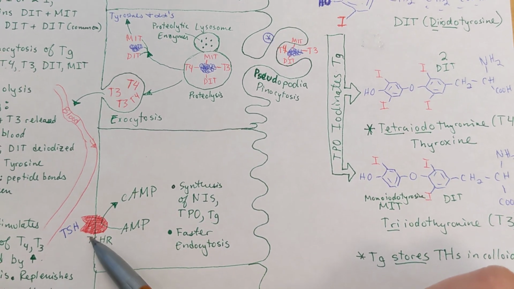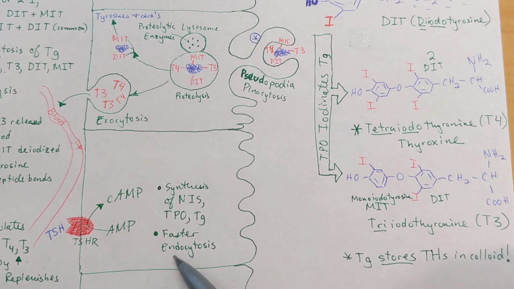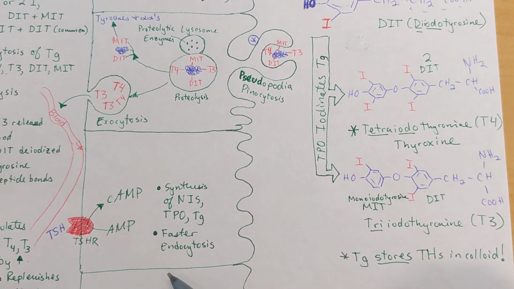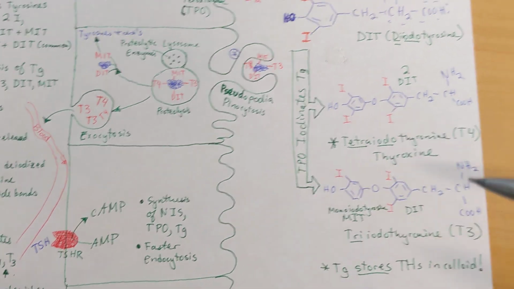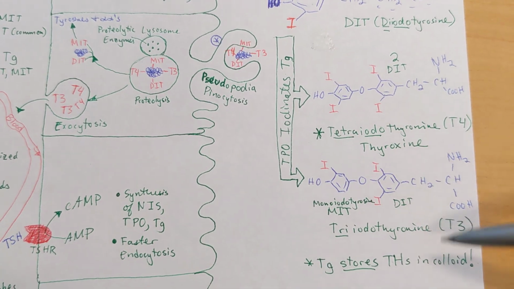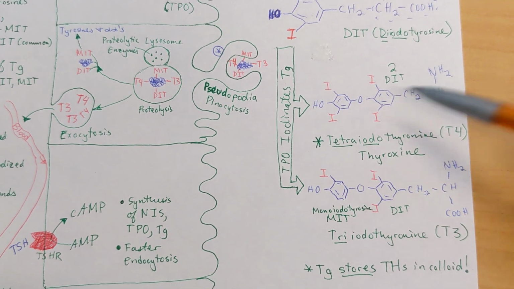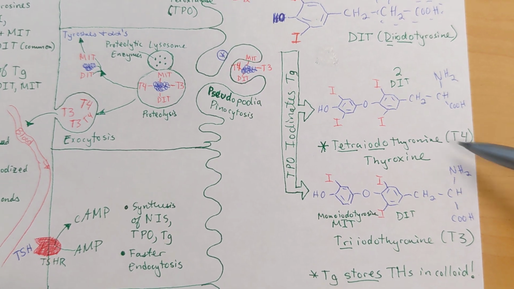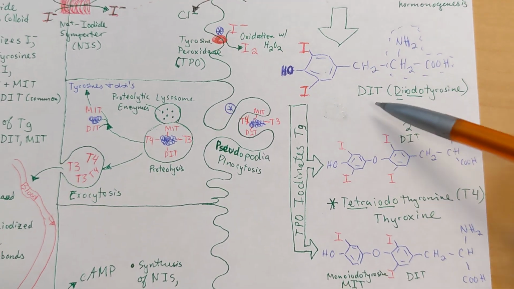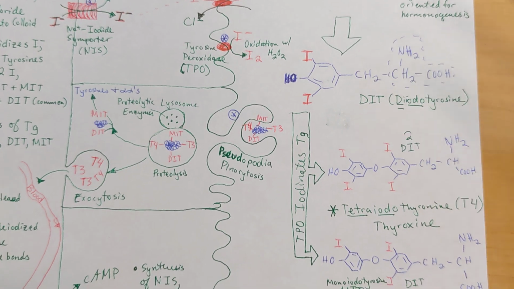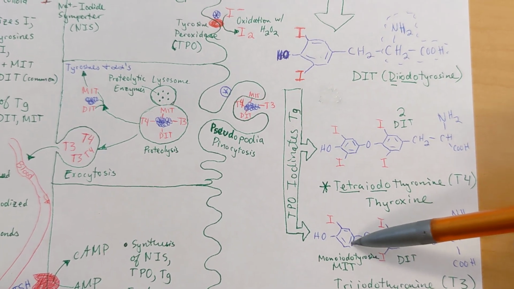Also, thyroid stimulating hormone is going to induce faster endocytosis. And so what that means here is that all of these thyroglobulins, which are loaded up with T4, with T3, there might be some DIT left, right? There might be some MITs left, okay?